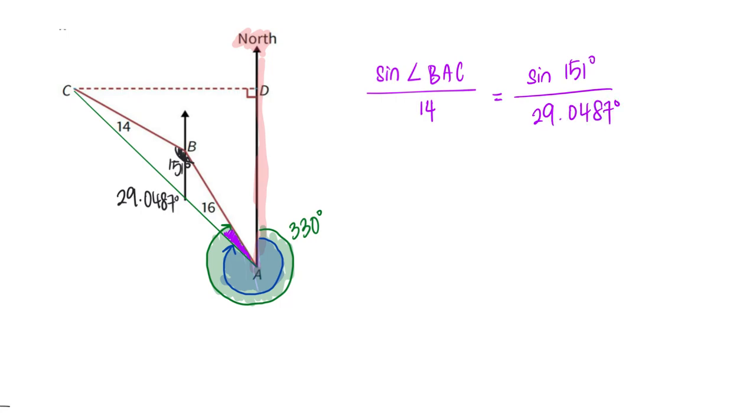So I will have my first pair, the angle here and the length, and this is my second pair, 151 degrees and 29.0487 kilometers. And once I have that, I would be able to get my angle BAC pretty straightforward. It's the sine inverse of this.